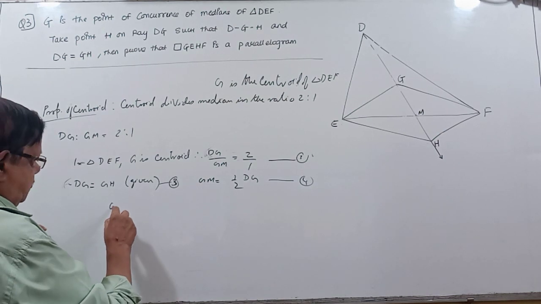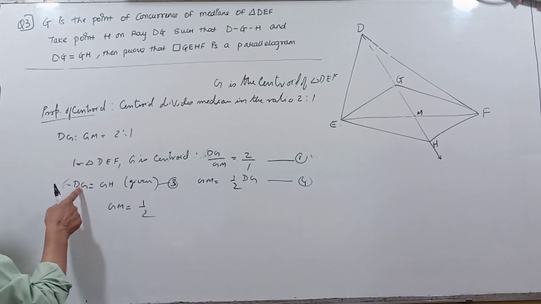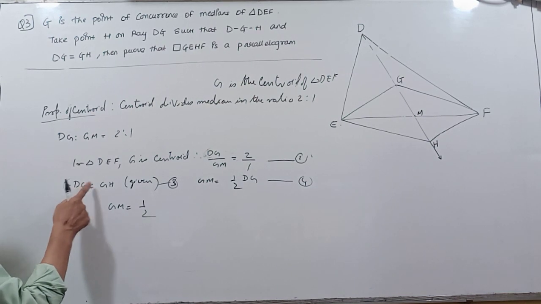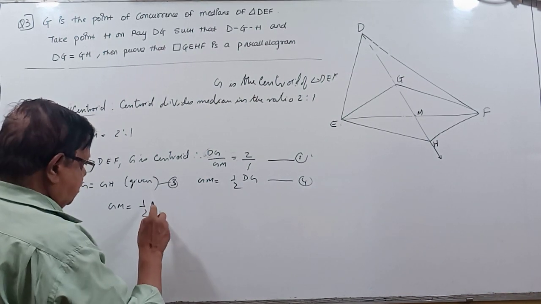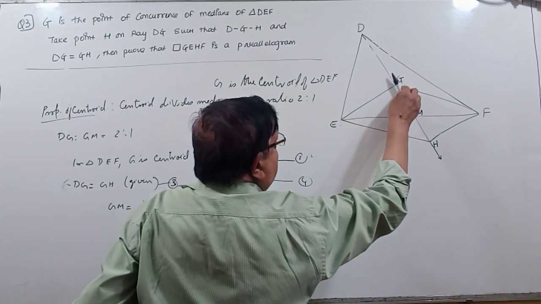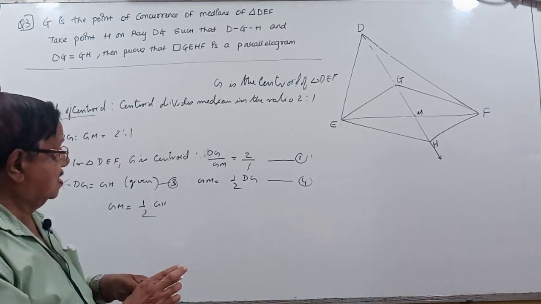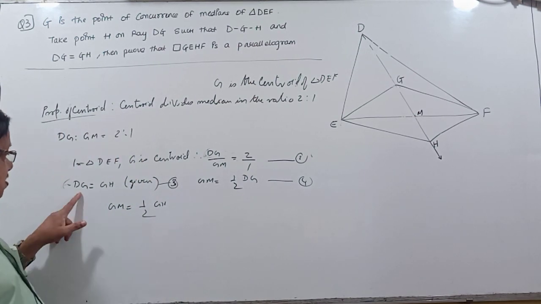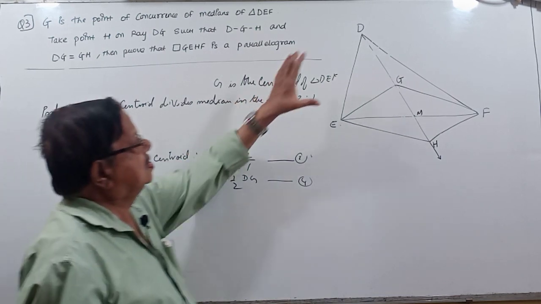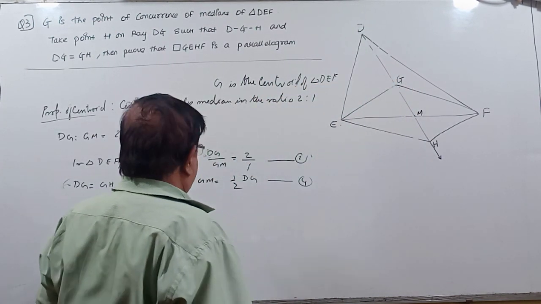GM equal to half of DG. What is DG? Equal to GH. GM is equal to half of GH. Once more for you: here it is said DG equal to GH, given.